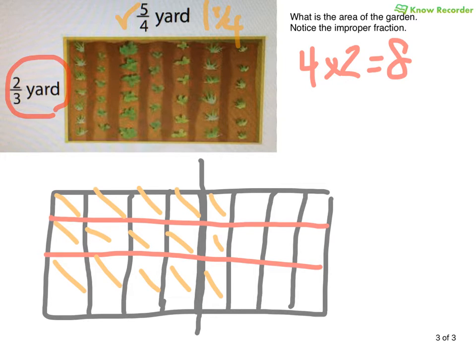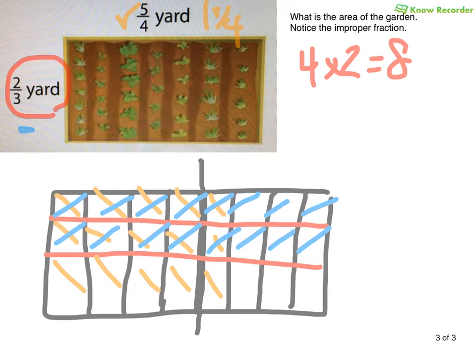Now I need to take 2/3 of that 1/4. So in the opposite direction, let's take 2/3. And there we go. I have 1, 2 out of 3.